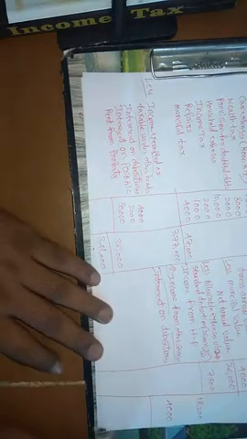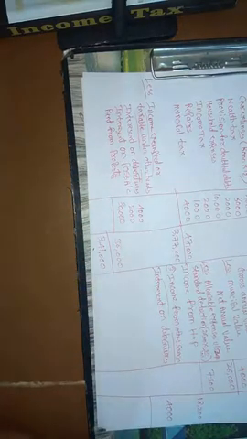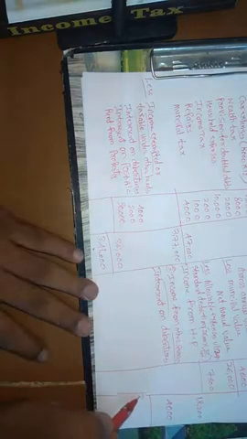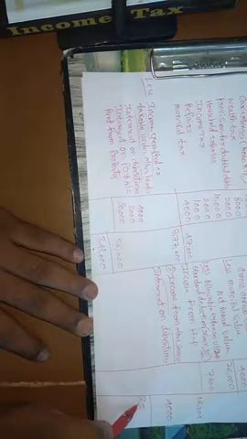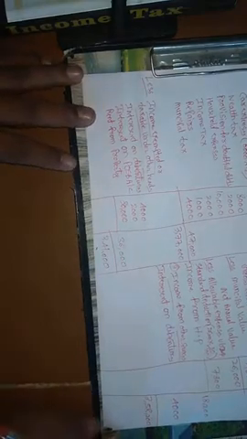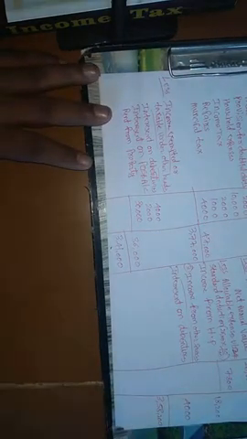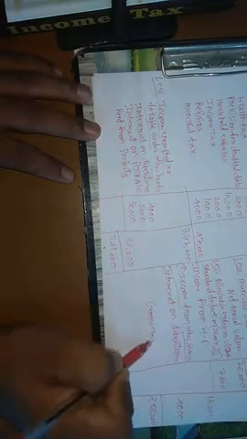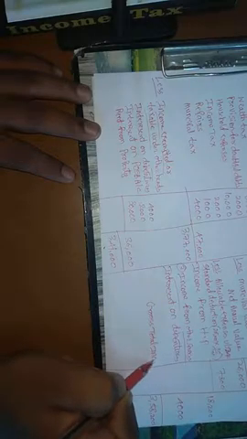So now we will do the total. 3,36,000 and 18,200 plus 4,000. So total of all we have got 3,58,200. This is called gross total income, GTI.